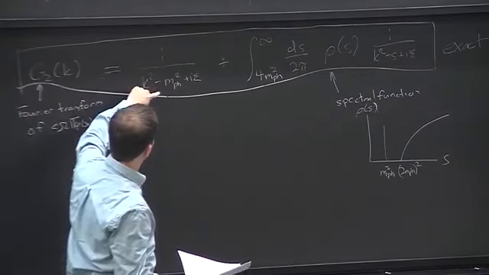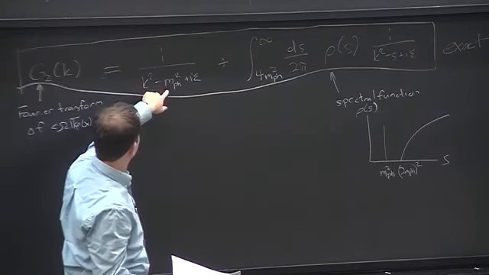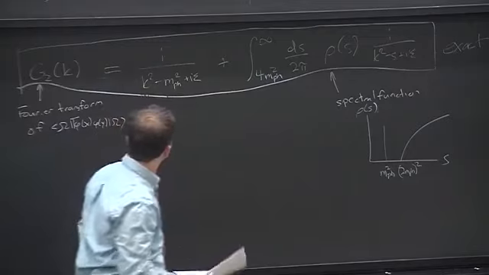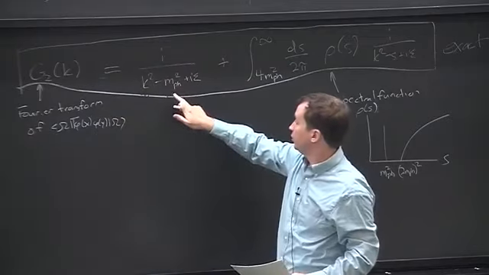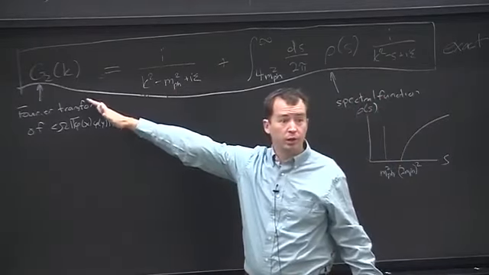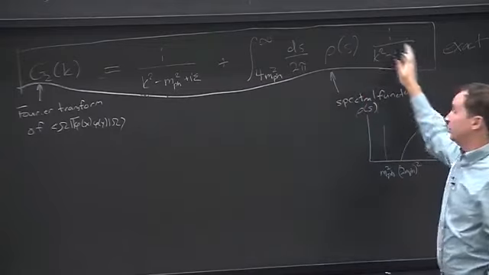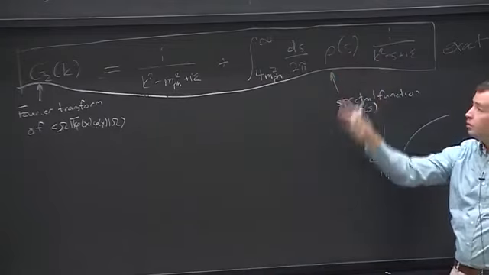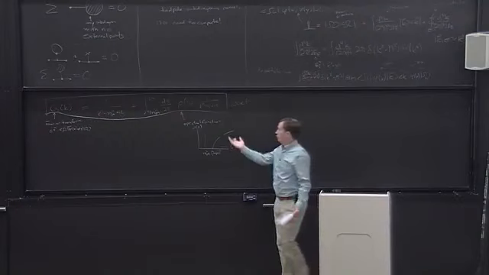And furthermore, the residue is fixed also by this argument. So the difference between the free propagator and the interacting propagator is basically just all this multi-particle stuff. There's a couple of ways to think about it.